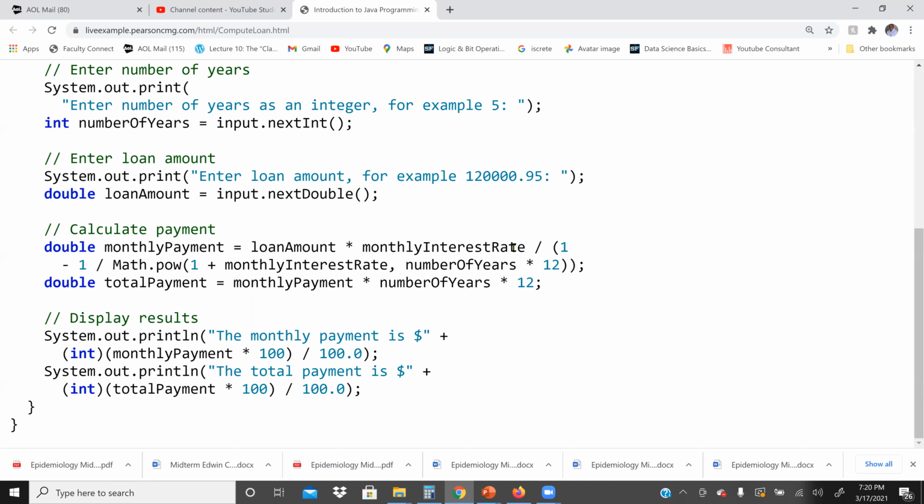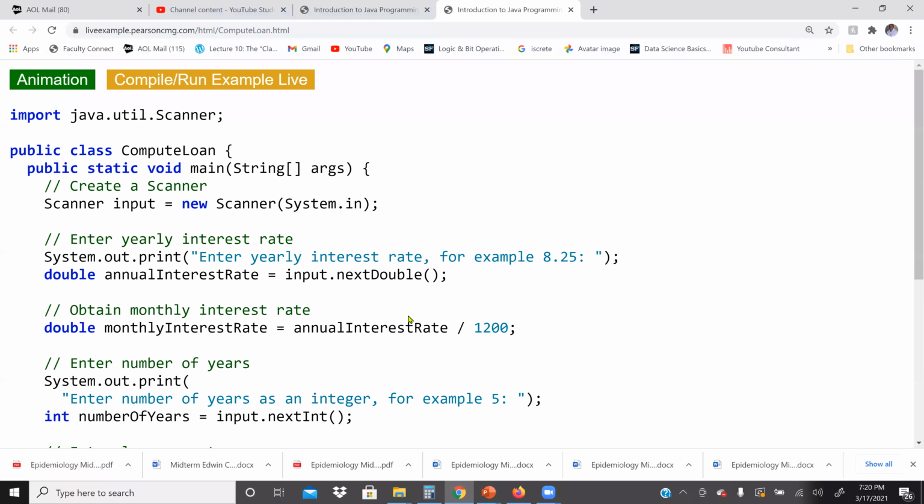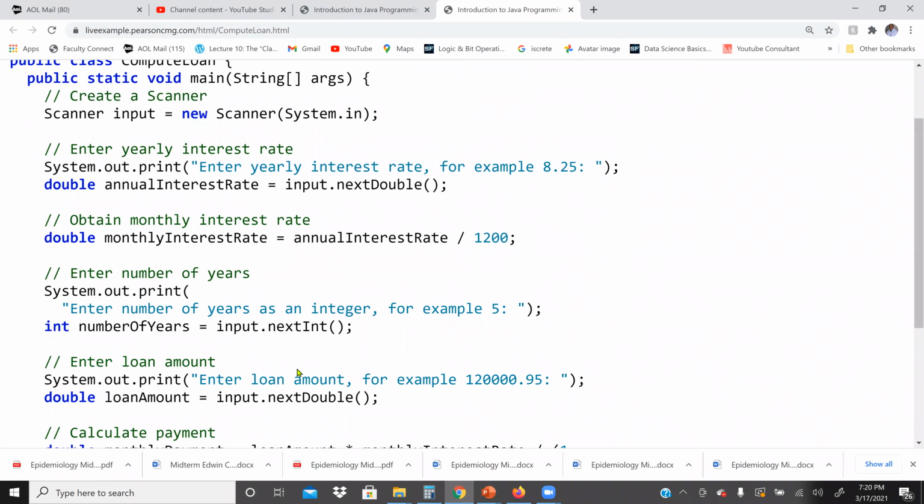As we saw in the formula before, let's go back to the formula. We can see that we have 1 plus monthly interest rate to the power number of years times 12. So that's Math.pow(1 plus monthly interest rate, comma, number of years times 12). So here again, that's why we have the formula here.